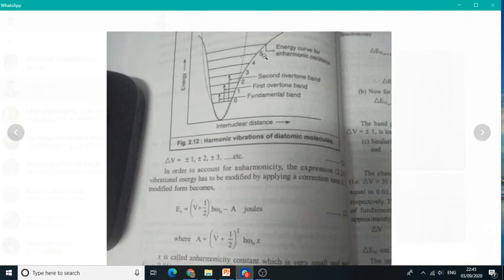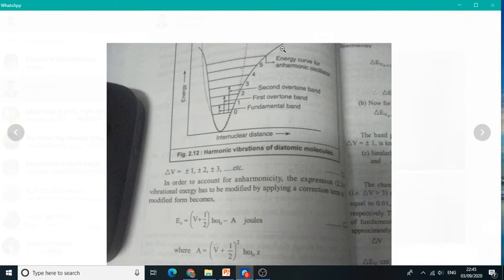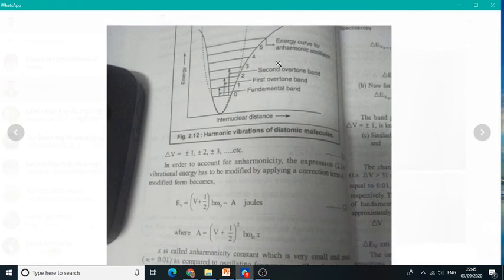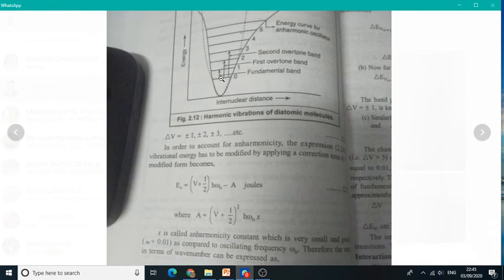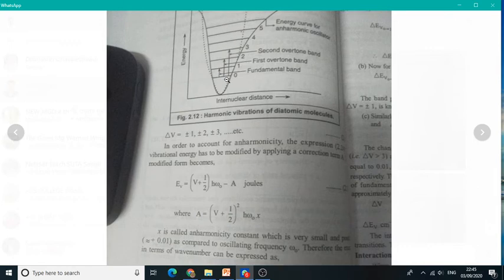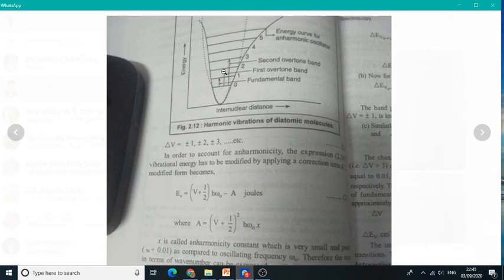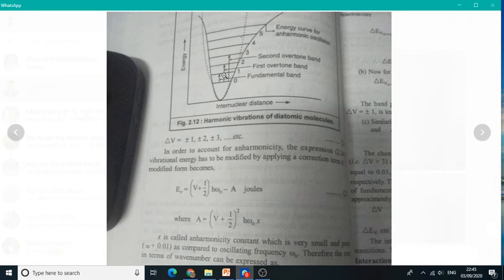As we increase the energy, the dissociation or breaking of the bond takes place here. Then this is the first transition shown from phi equal to 0 to phi equal to 1, and this is called the fundamental band.